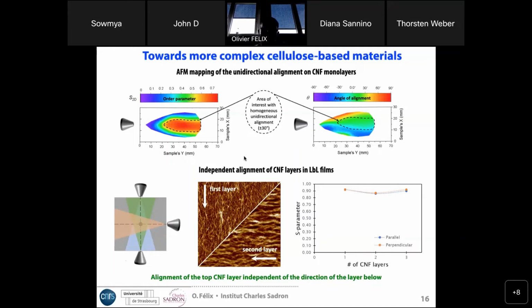In the picture shown in the middle, we have the first layer, which is top down, and the second layer, which is right left. And you can also measure the S parameter, that means the order parameter of each layer. And you see that there's no influence of the underneath layer on the deposited one.